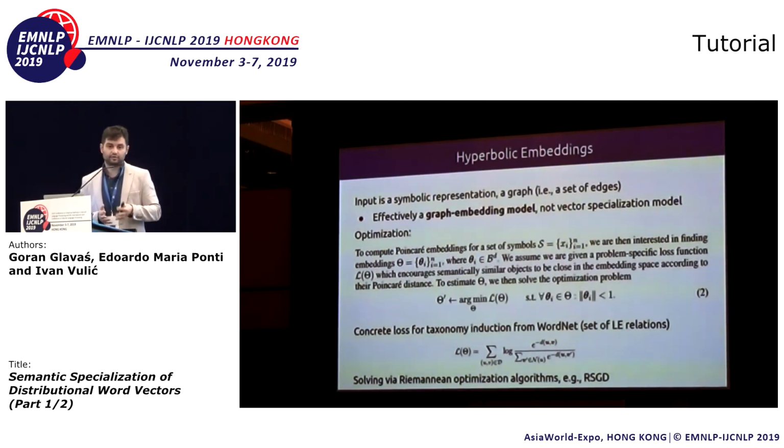Strictly speaking, this is also not a specialization model, because you don't start from vectors for the words, but rather from a symbolic hierarchy, and then induce the vectors from scratch, not in a Euclidean space, but in a hyperbolic space.